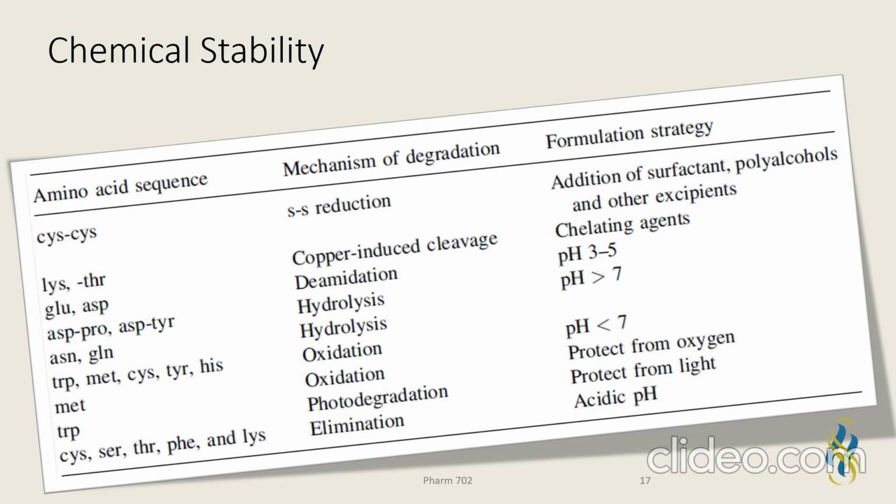Hydrolysis most frequently occurs in the side chains of asparagine and glutamic acid, and at the peptide bond on the C-terminal side of aspartic acid and proline. Hydrolysis involves the reaction of water and can lead to deamidation.